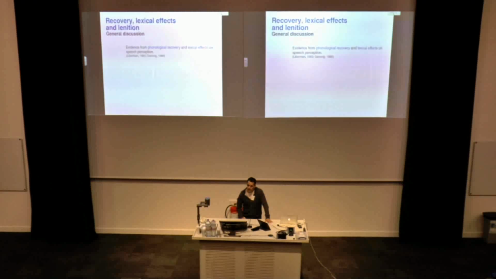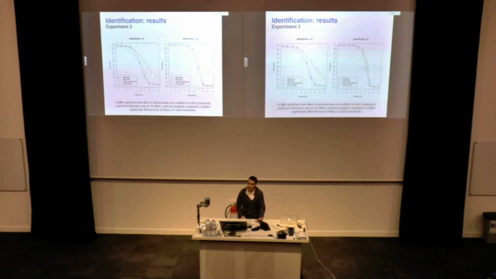How do we interpret these results? Well, first of all, in the case of D, we see phonological recovery. So listeners report perceiving consonants that were not in the signal, and also lexical effects on speech perception, because as soon as we provided listeners with, for example, a semantic level, the distributions became closer to a categorical perception account.